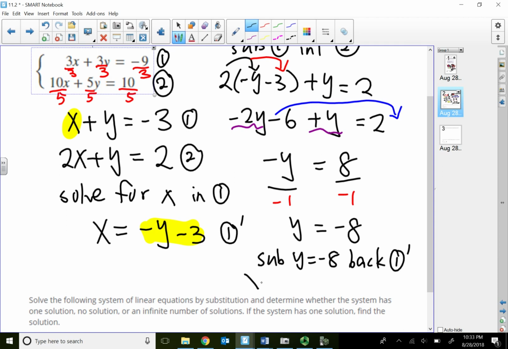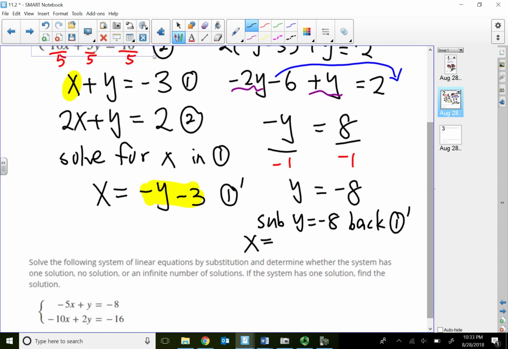So my first equation prime normally says x equals negative y minus 3. Now you will say negative y. So I'm replacing y with negative 8, right? Be careful right here. This is negative 1 times x. Excuse me, negative 1 times y. So here I'm saying negative 1 times negative 8 minus 3.